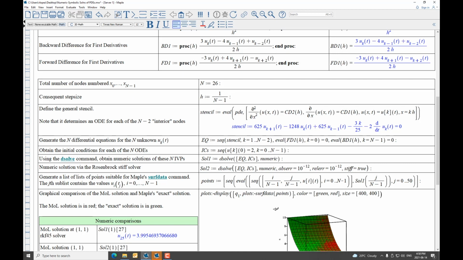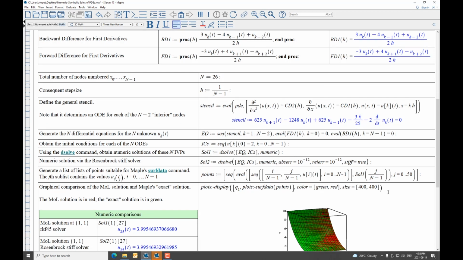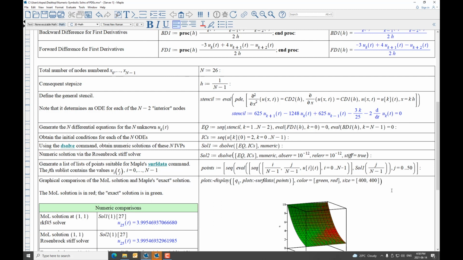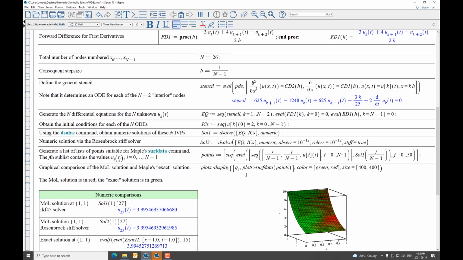And you want to make rows of 26 points going across. So that's why you have the double seq. And to get the u values, you go up here to one of the dsolve solutions to grab the numeric value of that particular u at that location. So now you have a bunch of points that you can plot with surfdata.